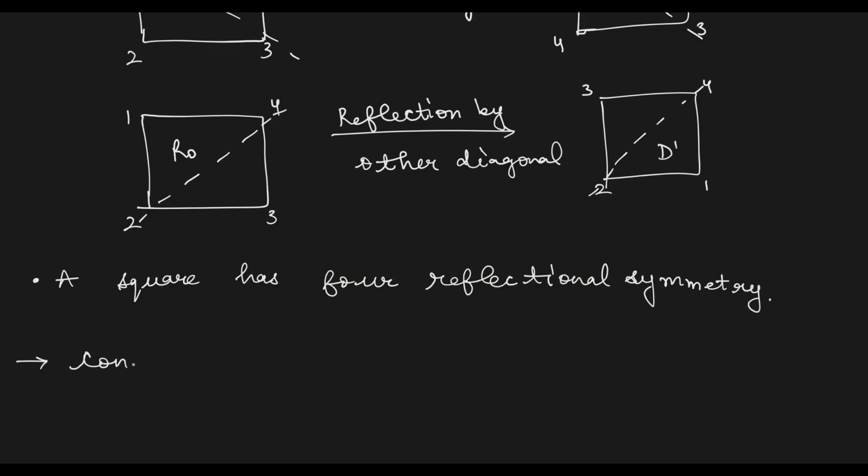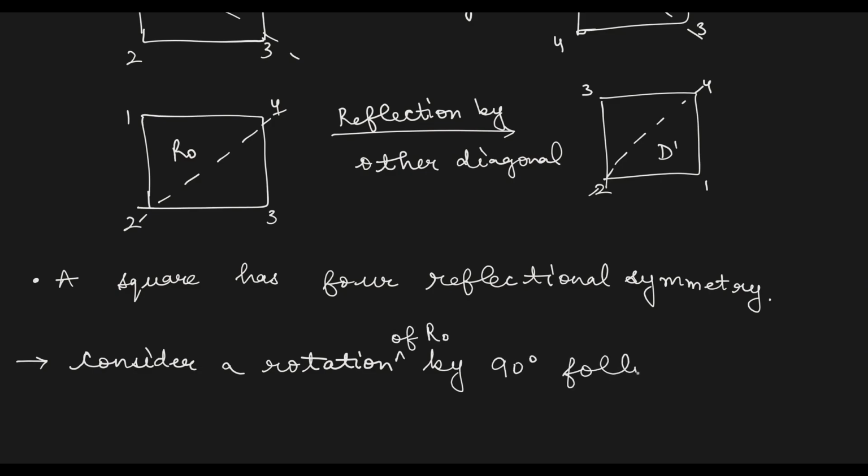Consider a rotation of R0 by 90 degree followed by a reflection by the main diagonal.